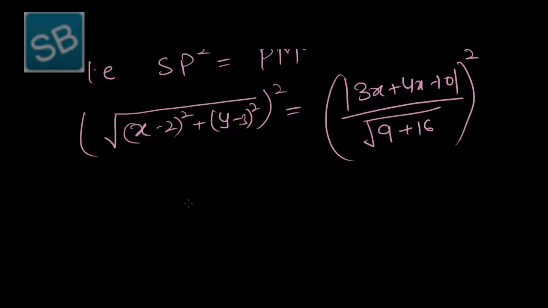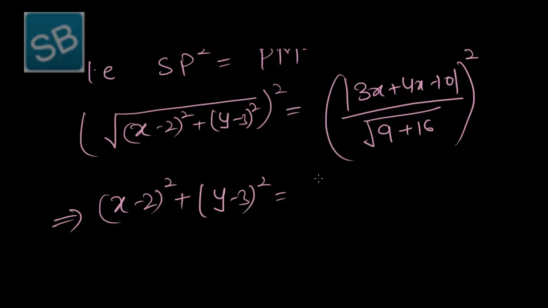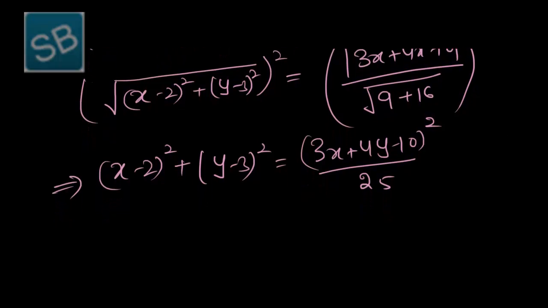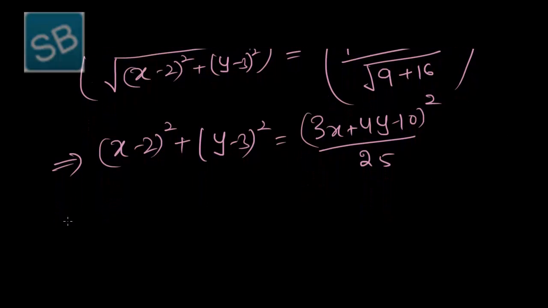So now we will solve this. The square and under root will be cancelled out and we will get (x minus 2) whole square plus (y minus 3) whole square is equal to (3x plus 4y minus 10) whole square over under root 25 whole square, that is 25. Now we have to solve this equation and we will get the equation of the required parabola.